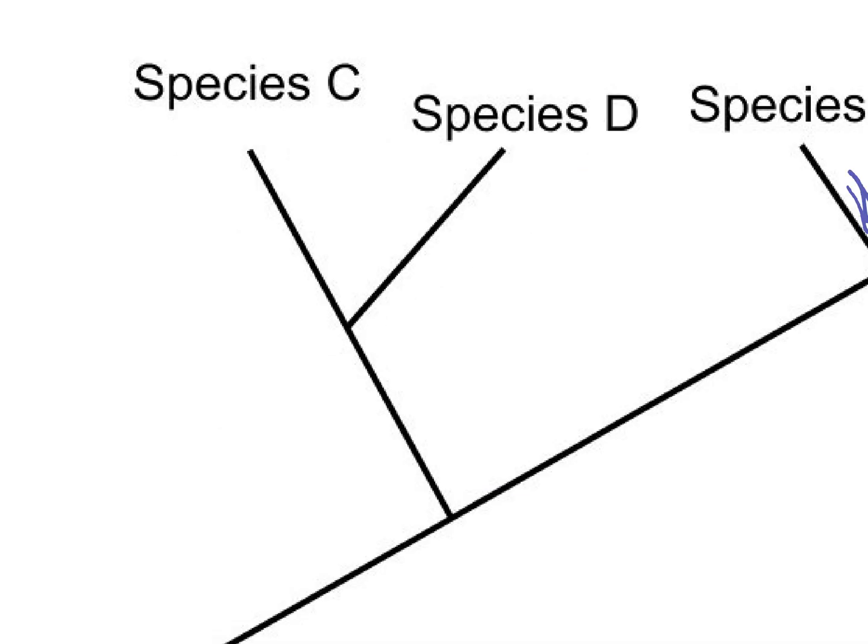So if we zoom in on species C and species D here, this was all one species all throughout time until this point. This is the point in time when species C and species D branched off and became two different species. This is called a speciation event.